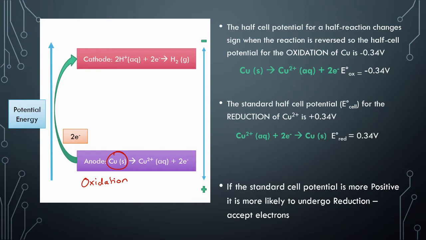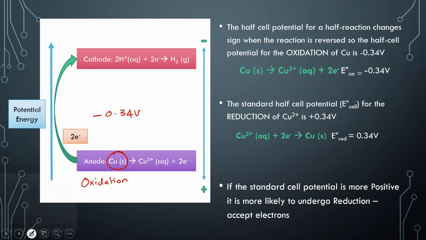The standard half cell potential for the half cell where copper is the electrode is a negative value, 0.34 volts. That means for the reduction of copper, when you flip the sign, it's going to be a positive value.